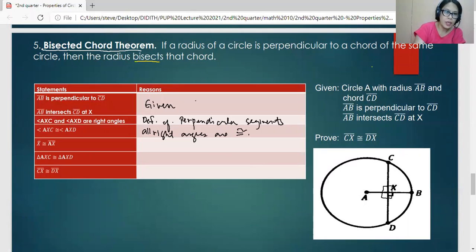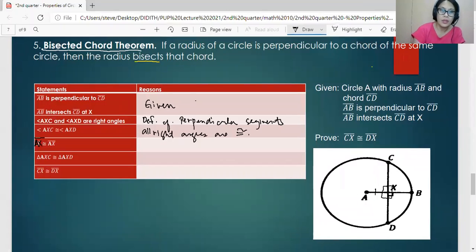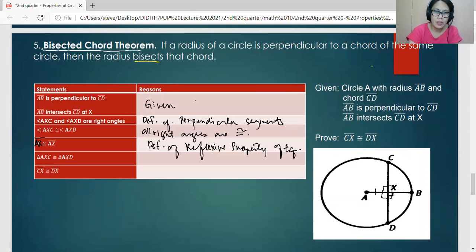Okay, this one is AX. Line segment AX is congruent to line segment AX because AX is the reflection of itself. So they're equal. So this is about the reflexive property. Now triangle AXC.